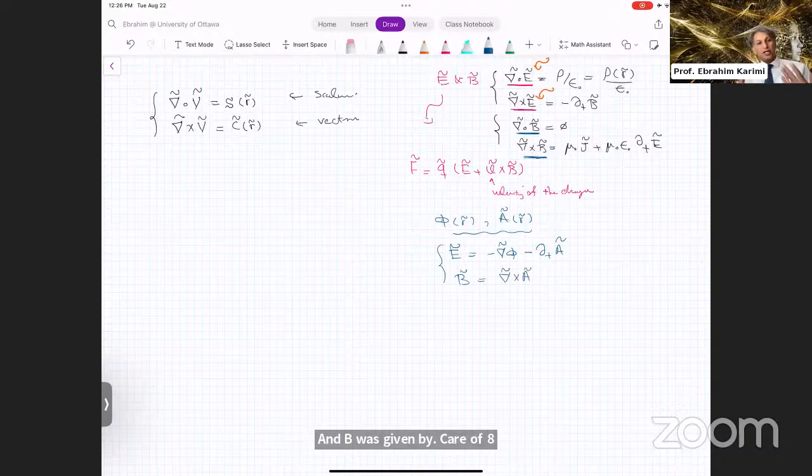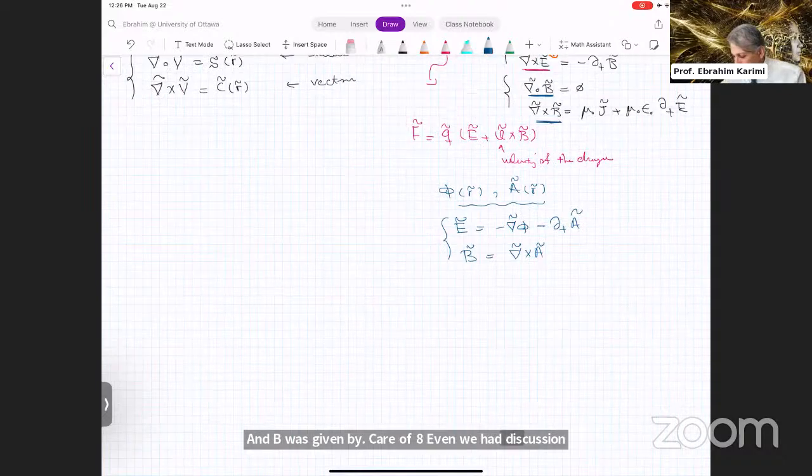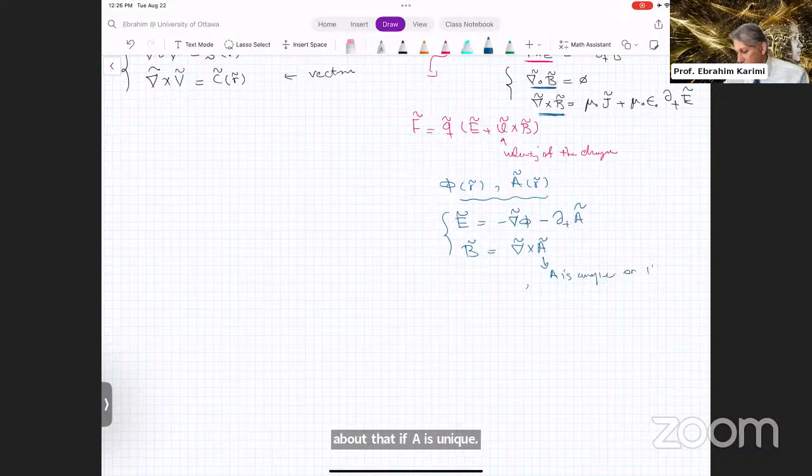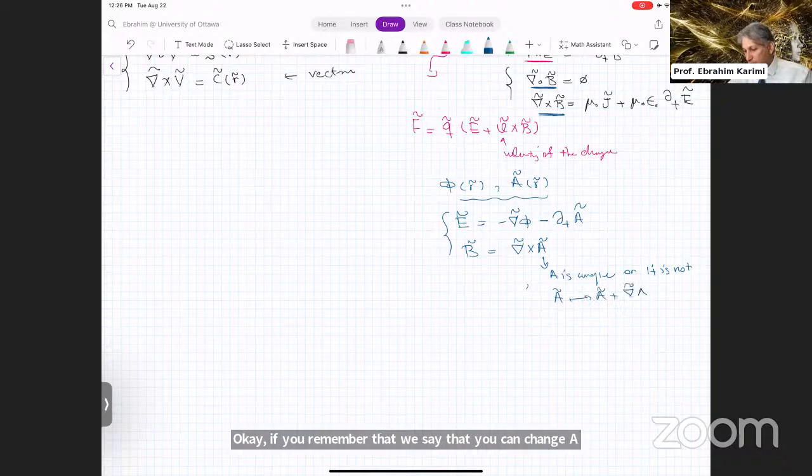We even had a discussion about whether A is unique or not. If you remember, we said that you can change A to A plus the gradient of a lambda. And we showed that if you do that, the magnetic field will not change.